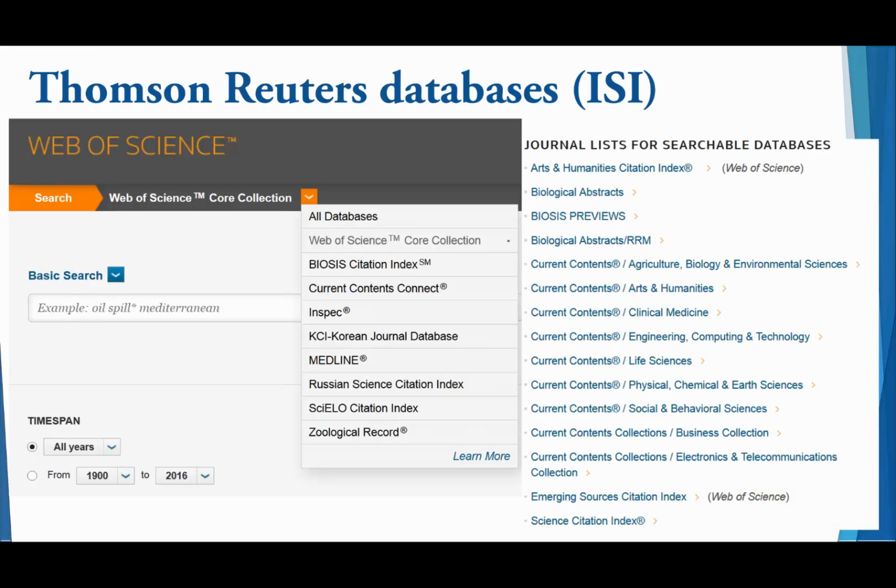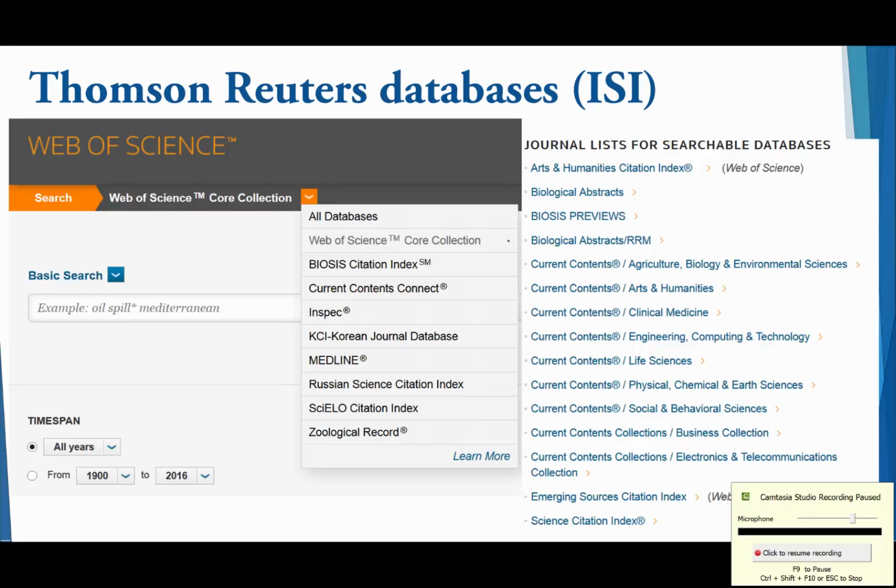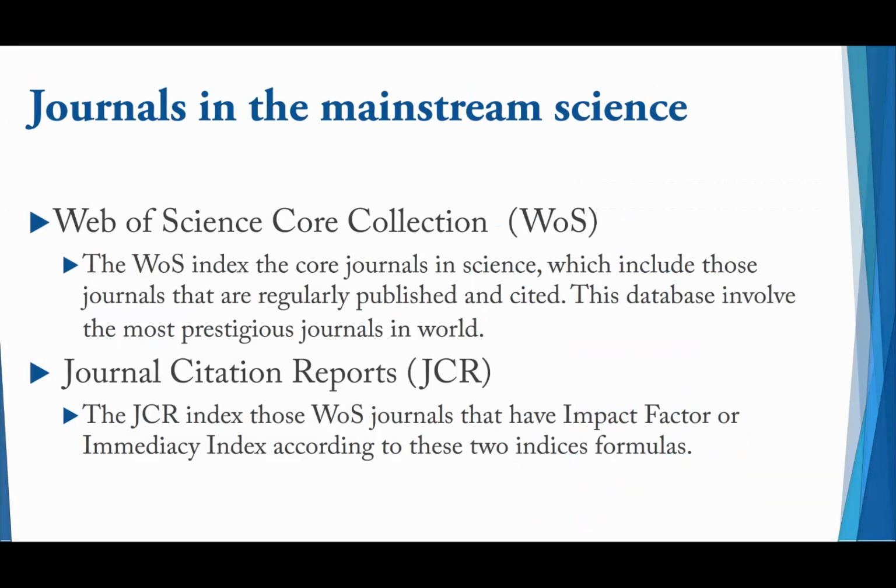Thomson Reuters maintains both citation and non-citation databases, where they have some journals in common. The Web of Science Core Collection is the main database used for evaluating publications. The Web of Science indexes core journals in the fields.